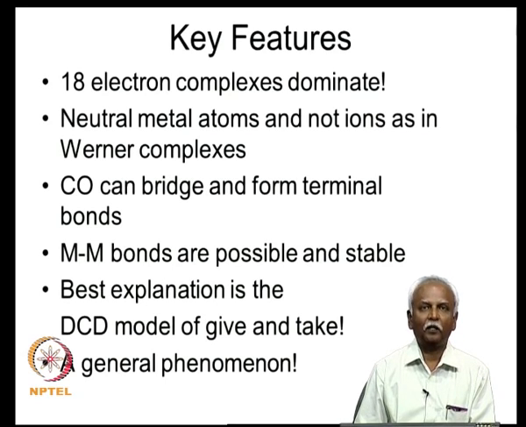This is again uncommon in Werner's chemistry, and we will study in the next lecture that the best explanation for all these factors is to use what is called the DCD model, where there is a give and take of electrons. And this appears to be a general phenomenon not just in metal carbonyl chemistry, but in the whole of organometallic chemistry.